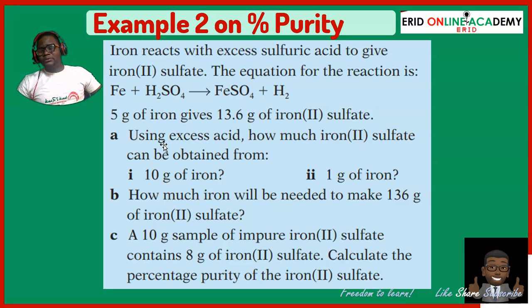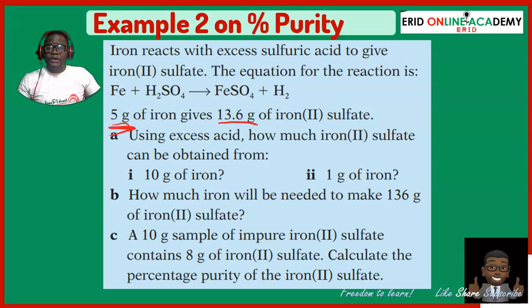So let's first tackle the first part of this question. The first thing you will need to do is to look at the equation of reaction and of course consider the ratio given to us in this question. Looking at the ratio, it says 5 gram of iron gives 13.6 gram of iron 2 sulfate.